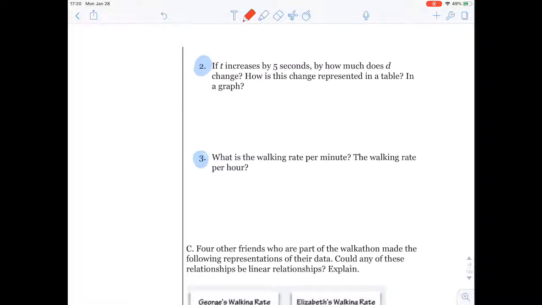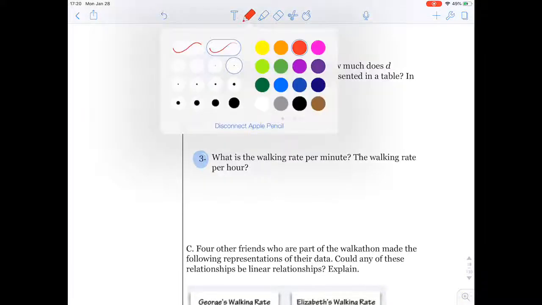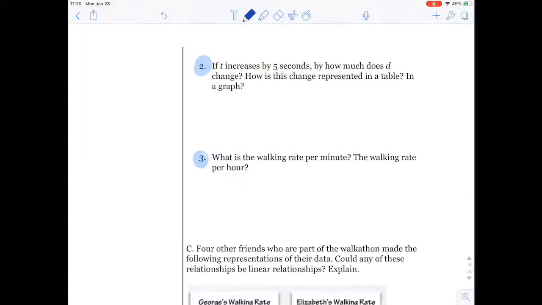Okay, so number 2 says if t increases by 5 seconds, how much does the distance change? Okay, so let's write some ratios here, or some proportions. Here is Alana. Alana does 1 meter every 1 second, and we want to go 5 seconds more. So we end up with 5 seconds.